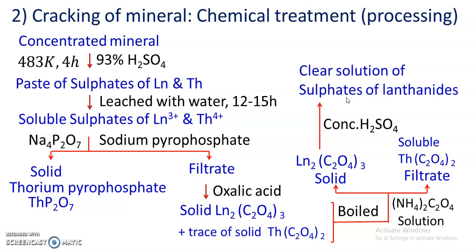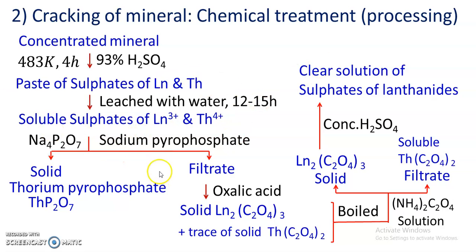So in this way, by two steps, monazite sand or monazite mineral is converted into a clear solution of sulfates of lanthanides. In the first step, concentration of monazite is done, and in the second step, chemical treatment is done.